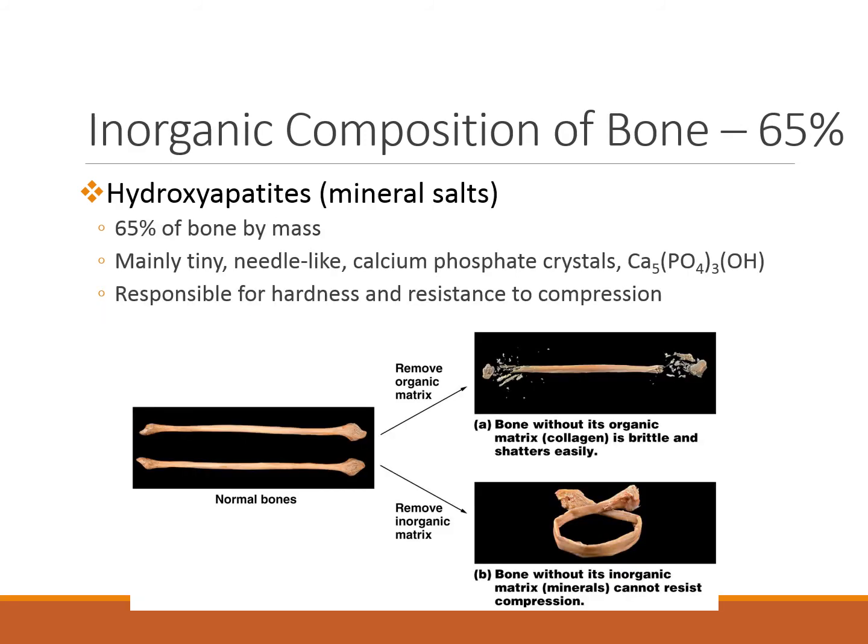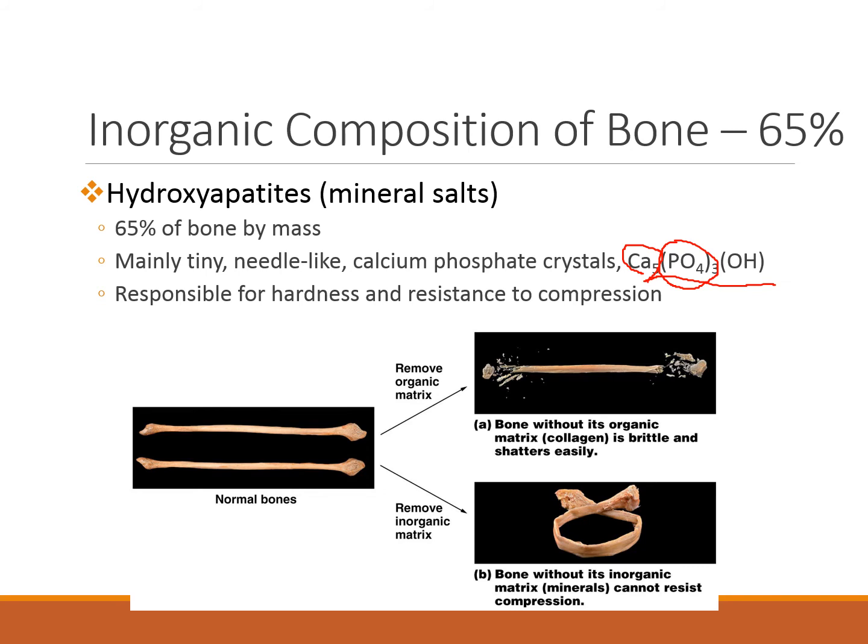The remaining 65% of bone is composed of hydroxyapatites. These are mineral salts, mainly tiny needle-like calcium phosphate crystals. Here's the chemical formula for them, but you're not required to remember that. What I hope you see is that there's calcium and phosphate. So that's why these are calcium phosphate crystals.